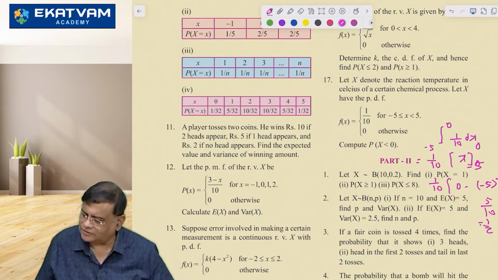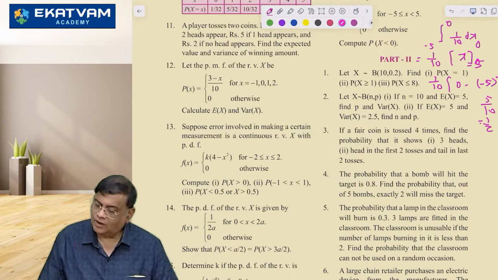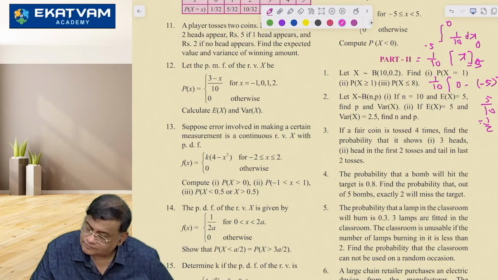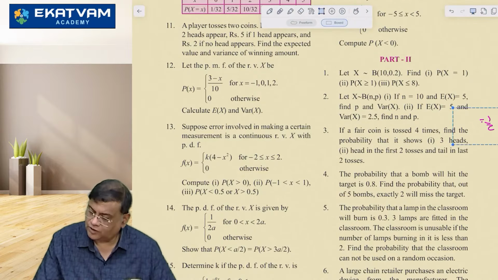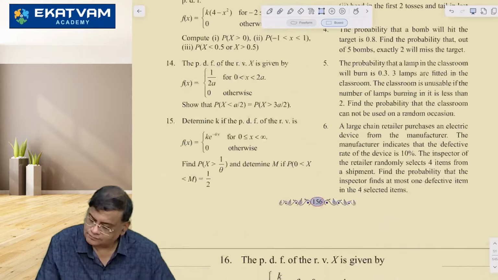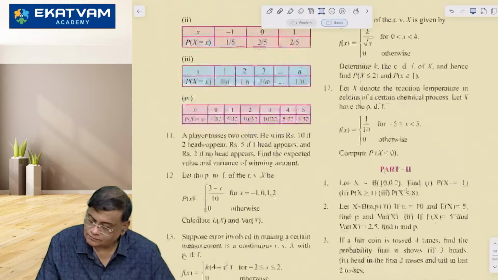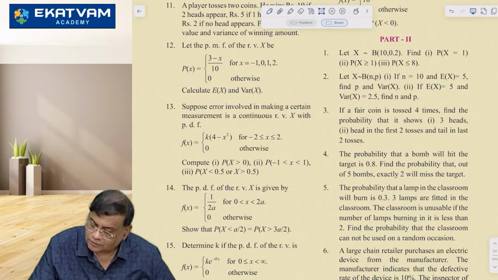हो गया क्या? ठीक है. अभी I want your attention. I come to these binomial distribution के sums. Look at me now. Stay focused.